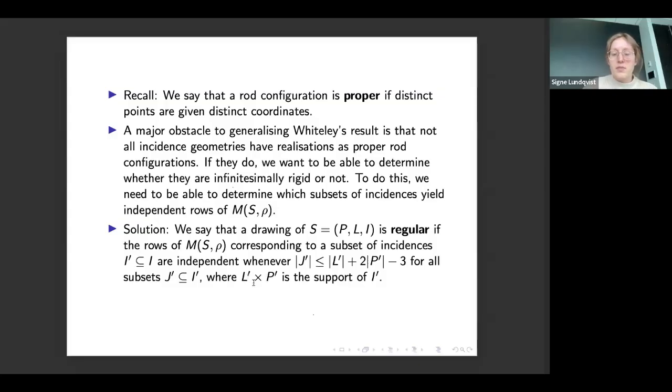Oh, and L prime by P prime should be the support of J prime. Sorry, that's a typo. Basically this condition should be interpreted as the rows of the matrix being independent whenever they can be. They're as independent as possible.